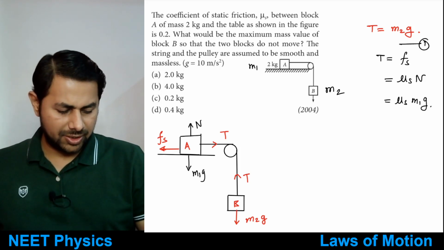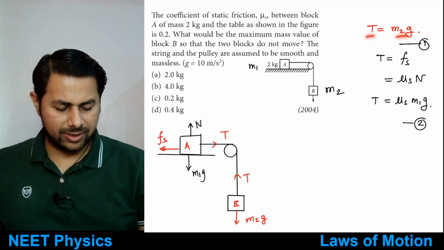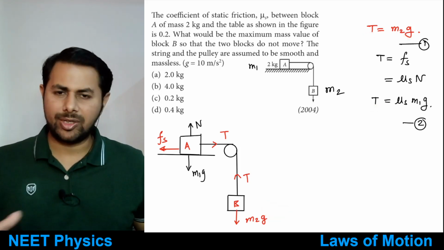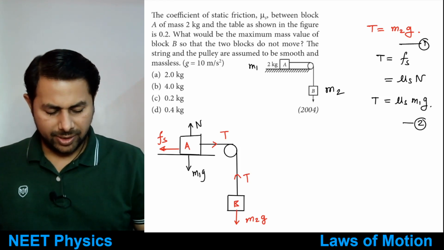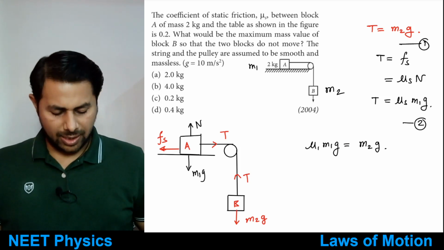So this is equation 1, and this is equation 2. Equation 1 says that T is equal to m2g. Equation 2 says that T is equal to mu s multiplied by m1g. Means mu s multiplied by m1g is equal to m2g. And what do you want?